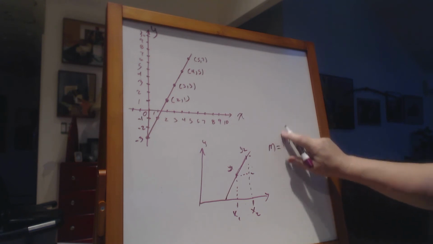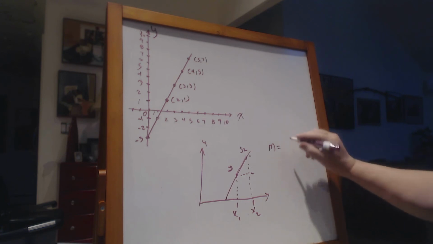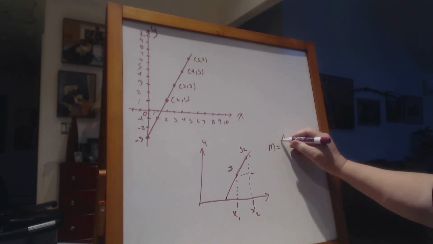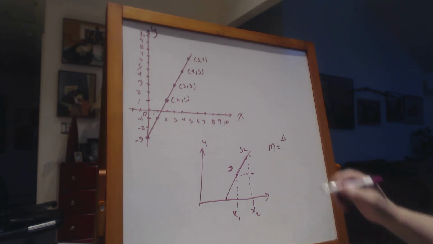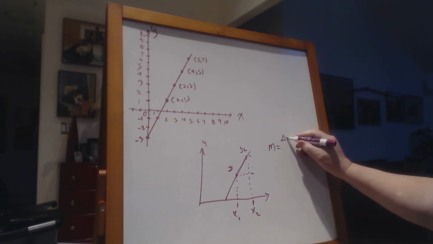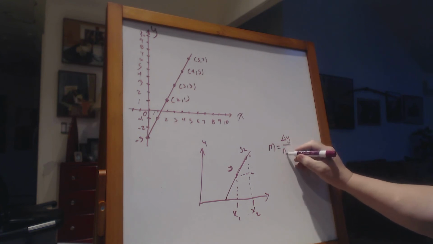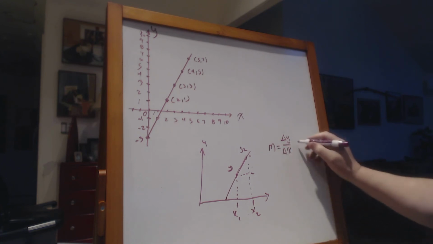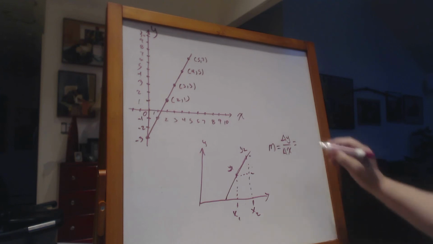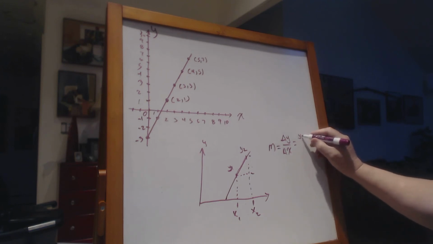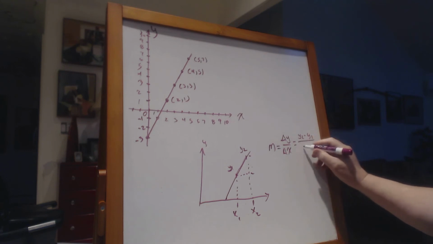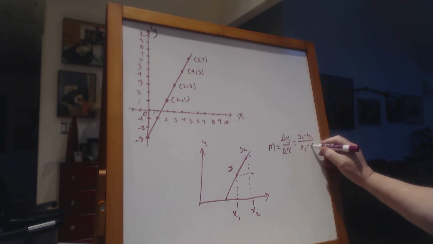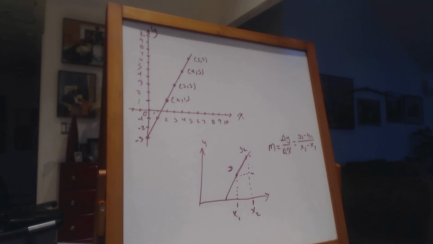Whenever you see a triangle like that, that means change. The change in y over the change in x means y2 minus y1 over x2 minus x1.